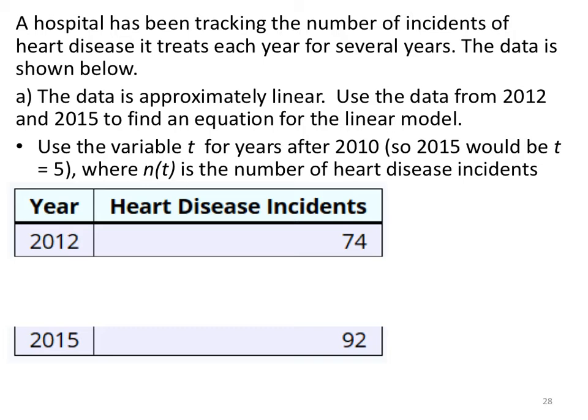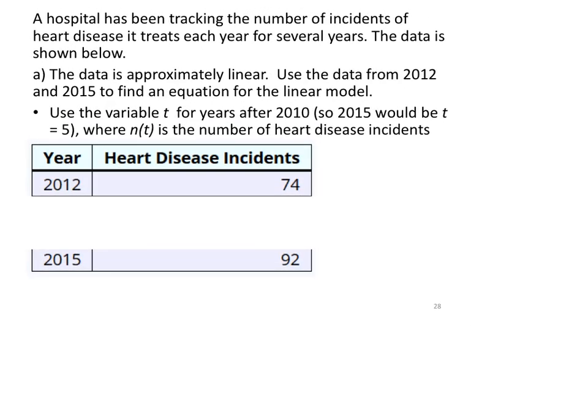Because we always need the slope, and then we can use one of these ordered pairs to figure out the y-intercept. Yeah, because we'll figure out the slope and then the y-intercept. I may have lost my train of thought on that, so if I didn't make sense, hopefully finishing it will. So the slope, right?